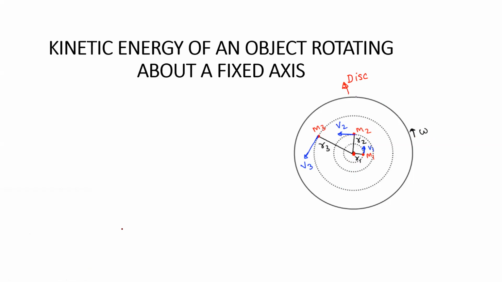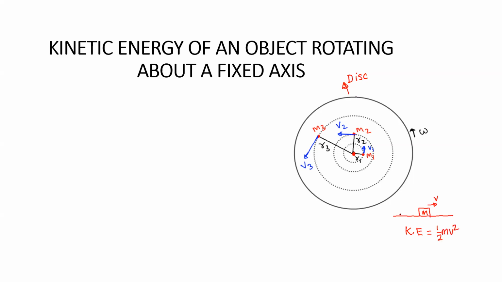Now, when we defined, it's not a calculation, it's just a definition. If you look at kinetic energy of any particle, if a particle has mass m and it is moving with velocity v, the kinetic energy is defined as half mv square.